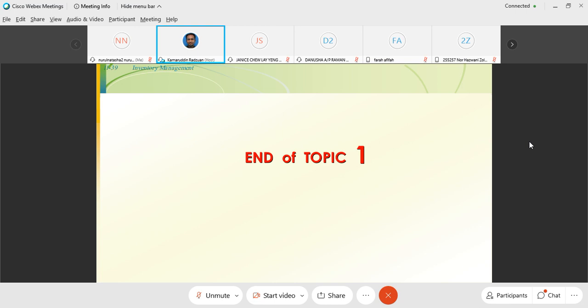And we have also discussed the classification of inventory based on the process stage, and based on the volume and quantity, which is ABC analysis.